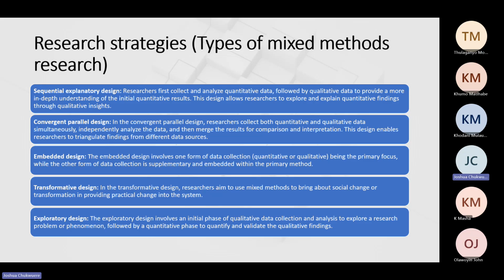Then you form your opinion again. You go deeper to explain and find out more about the results you have found in that very study, which will enable you to complement whatever you have found in your quantitative, and it also enriches the data.